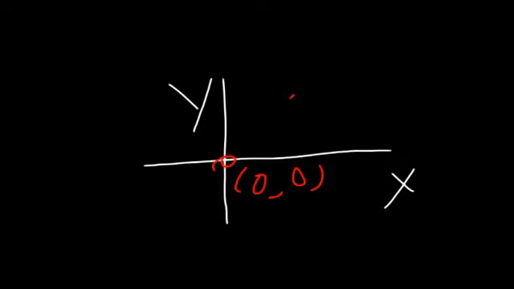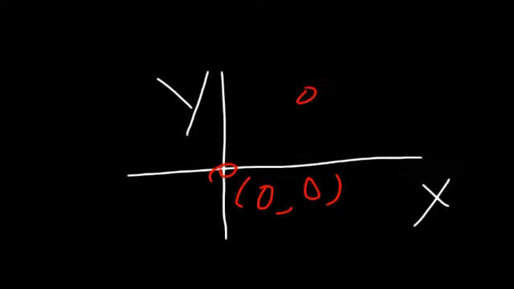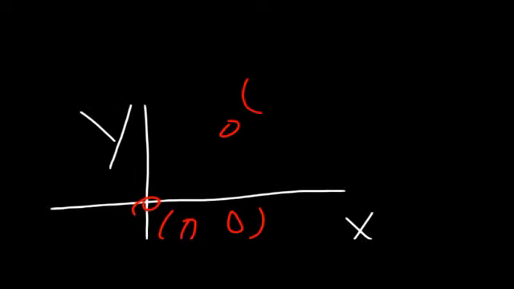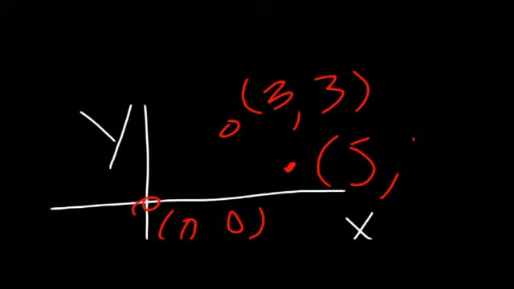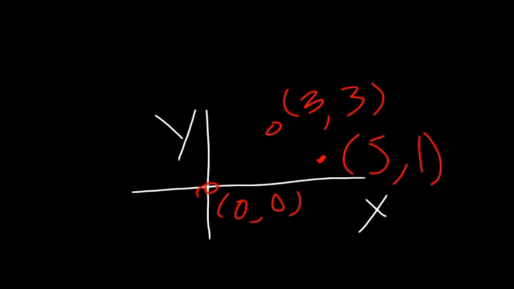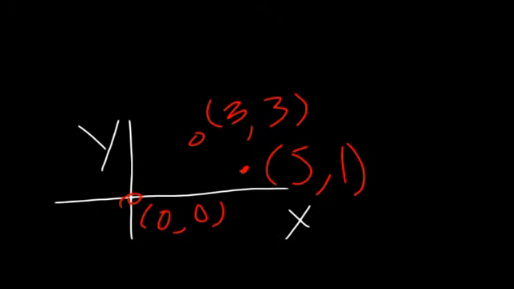And this point is 3, 3. And this point is 5, 1. Find the area of this parallelogram.